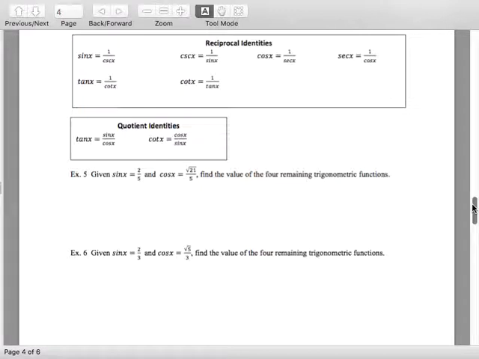If I have sine x is 2/5, and cosine x is radical 21 over 5, find the remaining 4 trig functions. Well, what I like to do is I like to start with the reciprocals because those are the easiest. So if sine of x is 2/5, what's cosecant x? 5 over 2.